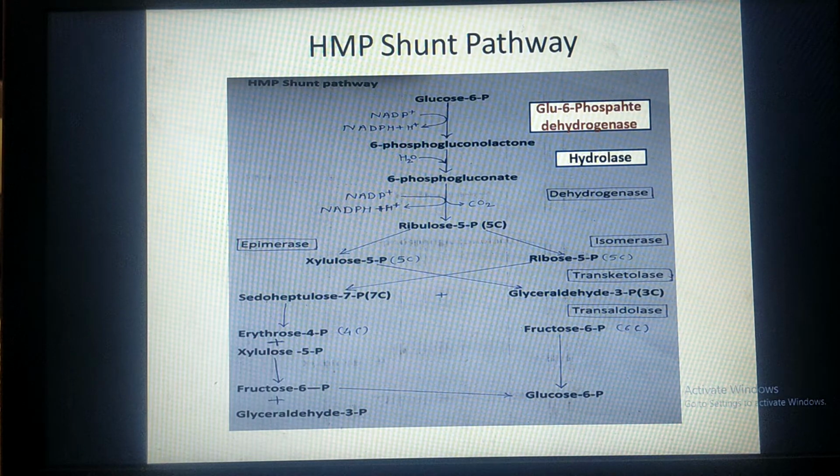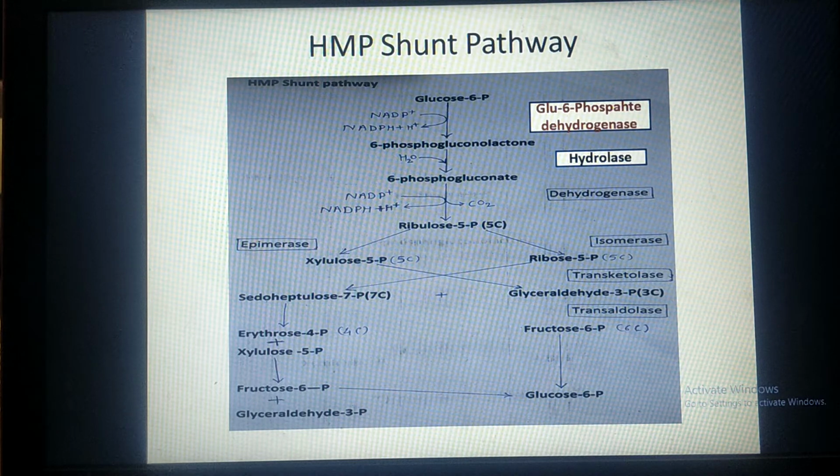and the erythrose 4-phosphate which is formed on the left side combines with the xylulose 5-phosphate of another pathway. Here a third pathway is involved. Now 4 plus 5 carbon sugars condense to form fructose 6-phosphate and glyceraldehyde 3-phosphate, means 6 plus 3 sugars are formed.